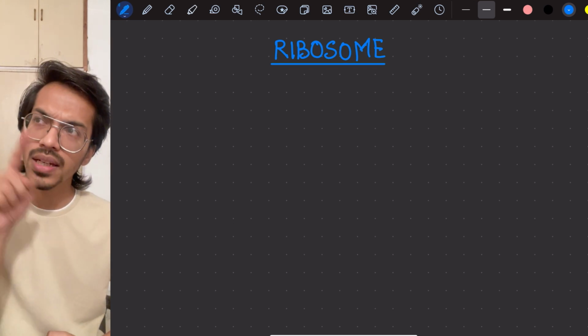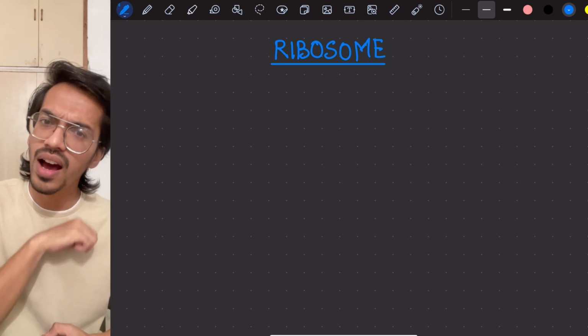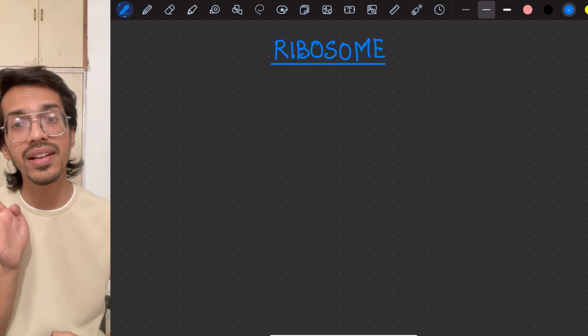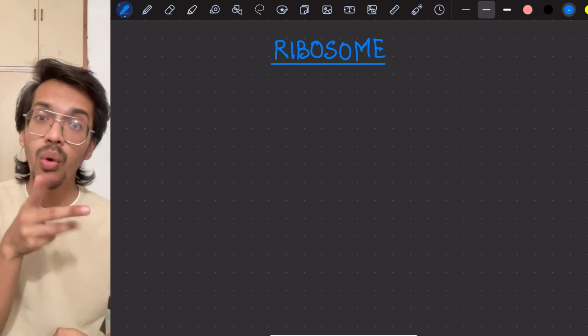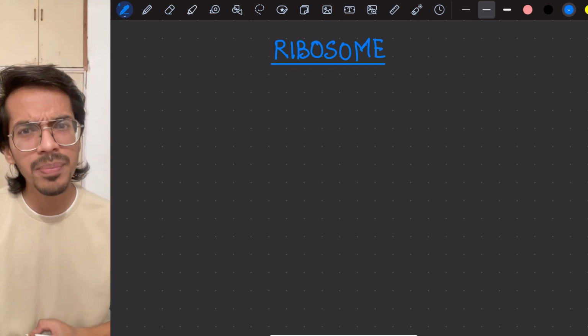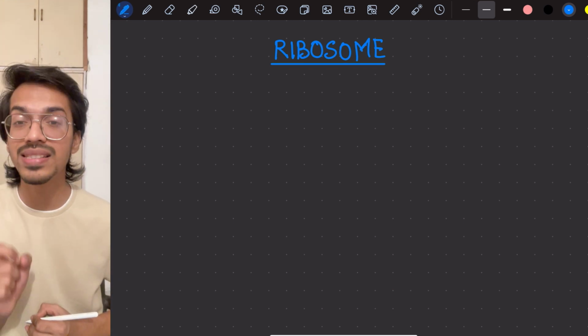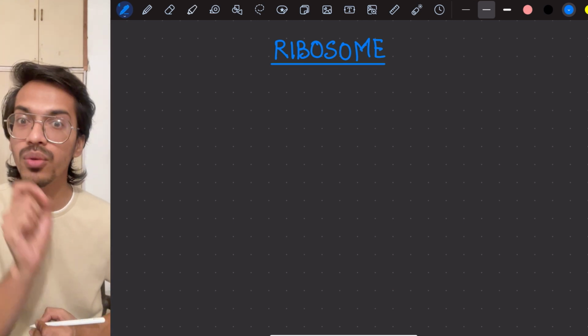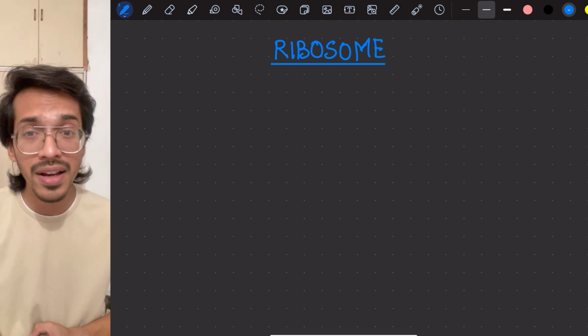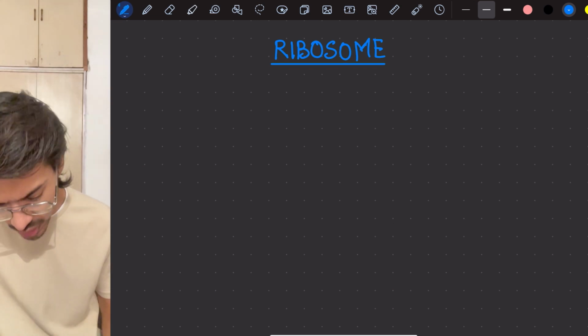Along with that, they make 5.8S rRNA, 18S rRNA, 23S rRNA. What are these, and how are they present in our ribosome? We have to understand this very well, because there is a high chance of a question coming in the paper. So let's see.